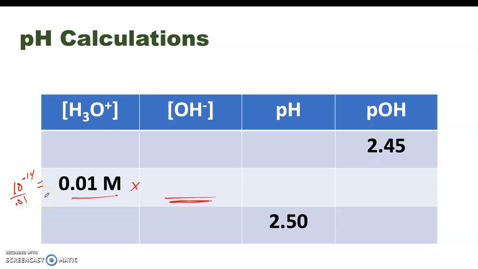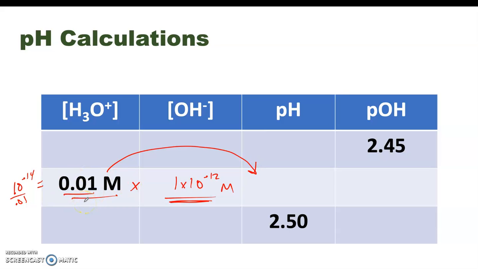So 10 to the minus 14, let's quickly type that in. 10 to the minus 14 divided by 0.01 equals 1 times 10 to the minus 12 molarity. Now it's pretty straightforward for this. If I want to find the pH, I just take the negative log of this.